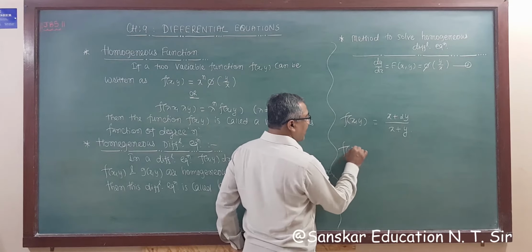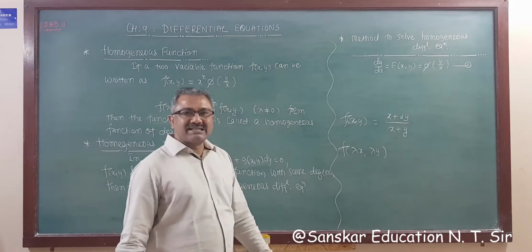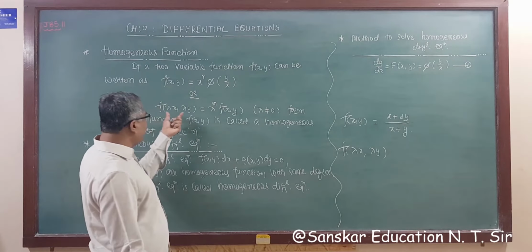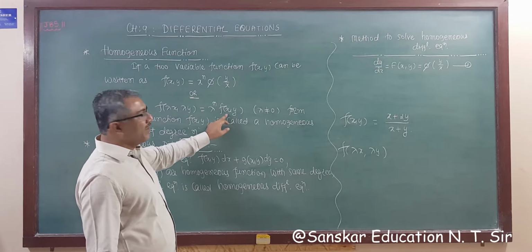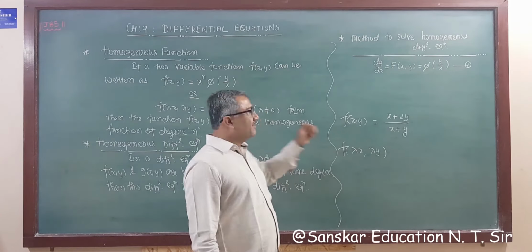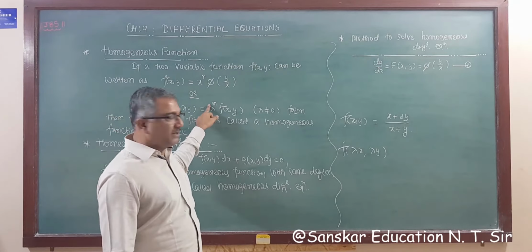If we get lambda raised to n into f of x, y, then the function is said to be a homogeneous function with degree n.